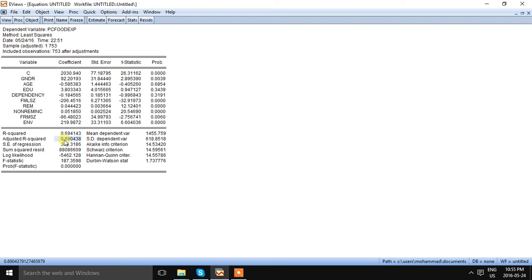On the other hand, for multiple regression, we report the adjusted R squared. If we have a good number of independent variables, then usually we use the adjusted R squared statistics to explain whether the model fits with the data. It's a very important statistic to show the robustness of the model or how the model fits with the data.